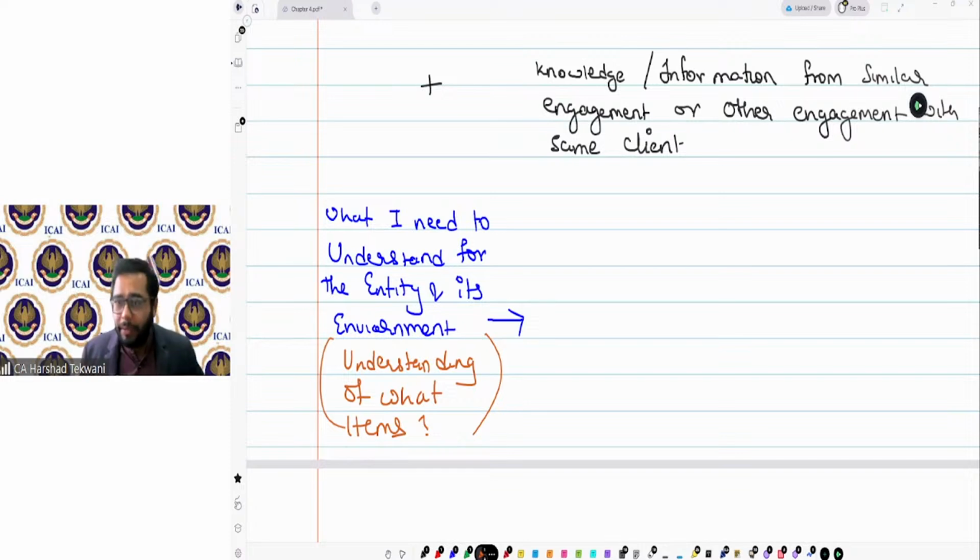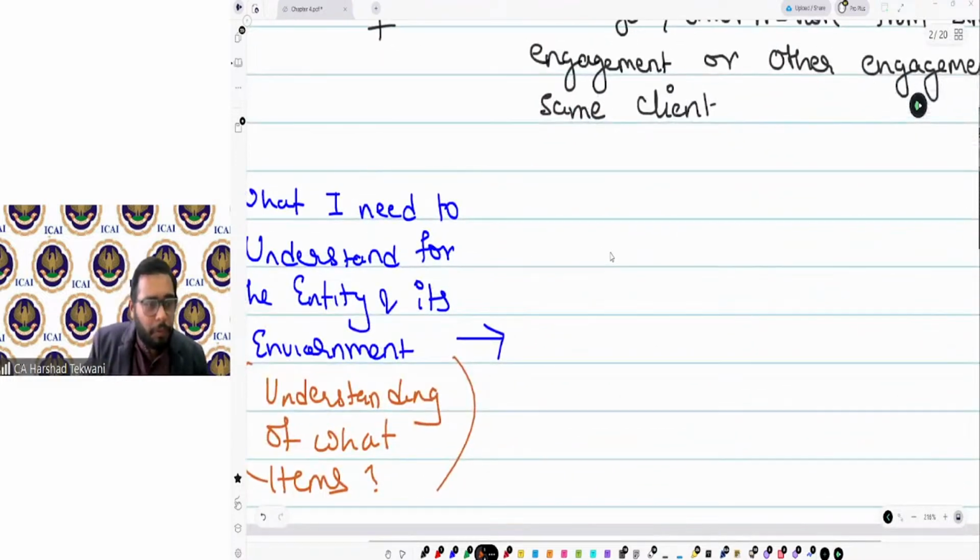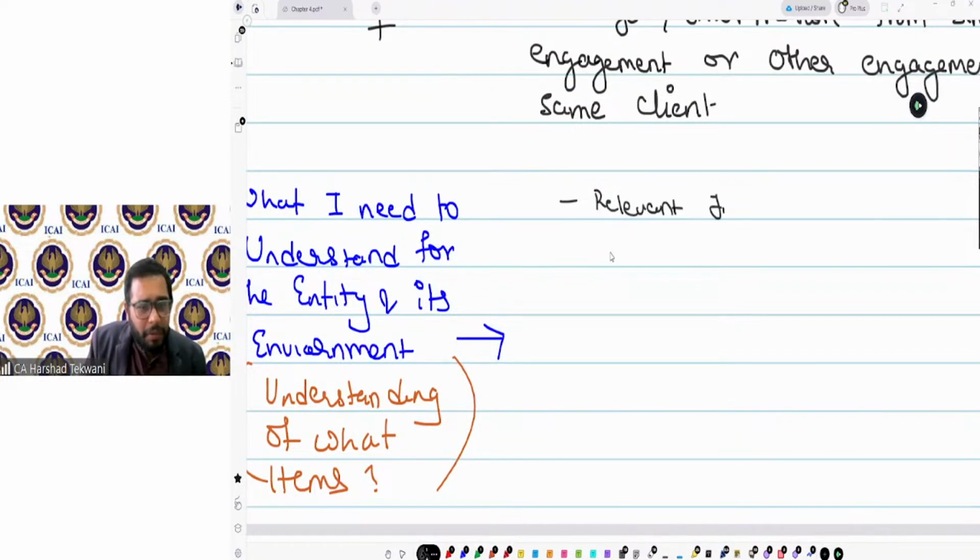Yes, absolutely right. So, nature of entity, I need to understand the relevant industry. So I'll also write over here, relevant industry. Okay. Then the regulatory perspective of that industry.